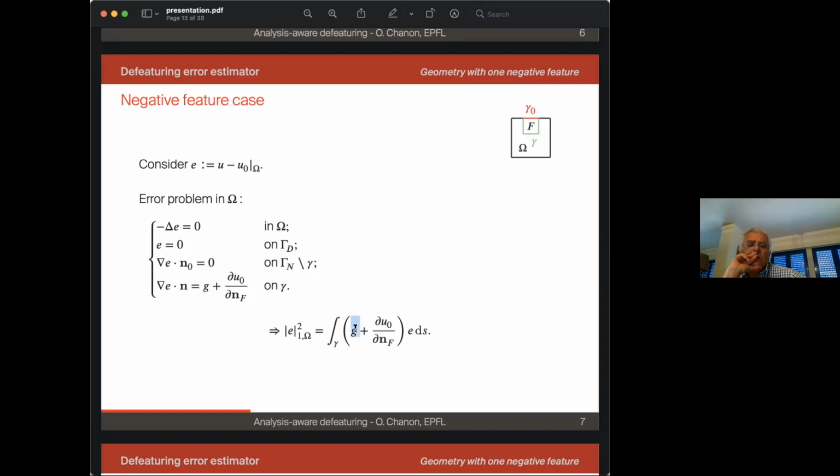So G is the Neumann boundary condition on this gamma of the exact problem, and dU0 over dn is the normal derivative of the defeatured solution on this piece gamma. So it's enough to evaluate this normal derivative. And we see that this error, which is the error that we make on the normal derivative of the solution on this gamma, is actually what really represents all of our defeaturing error.